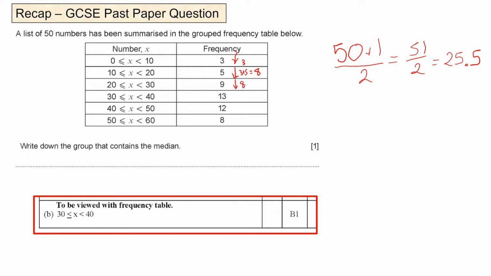So 8 plus 9 is 17. Continue down here, 17 plus 13 is 30. That means the median lies in this group there. So that's from last lesson, huge well done. Hopefully you've got that mark.